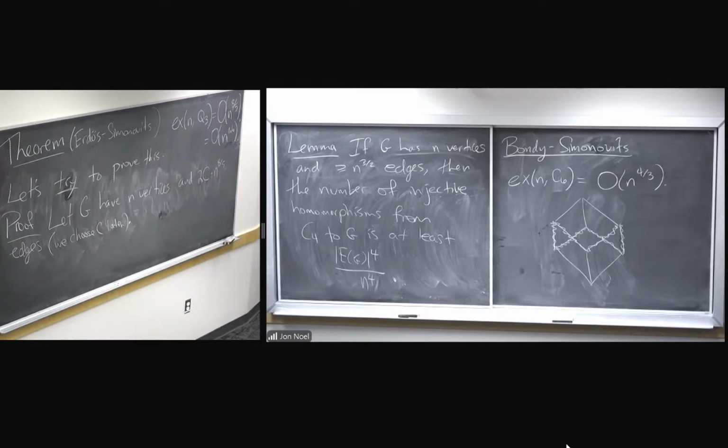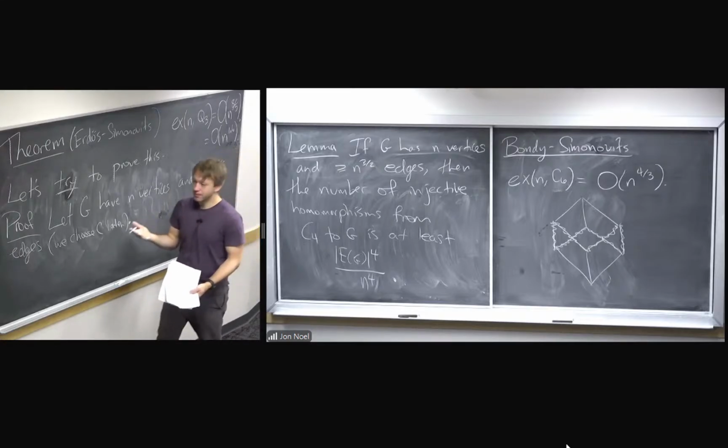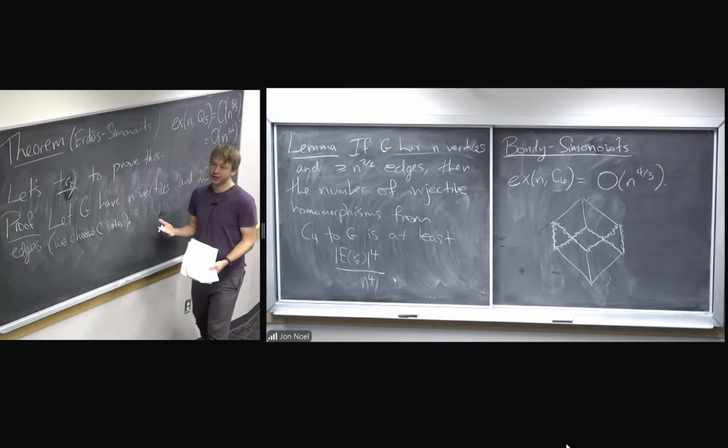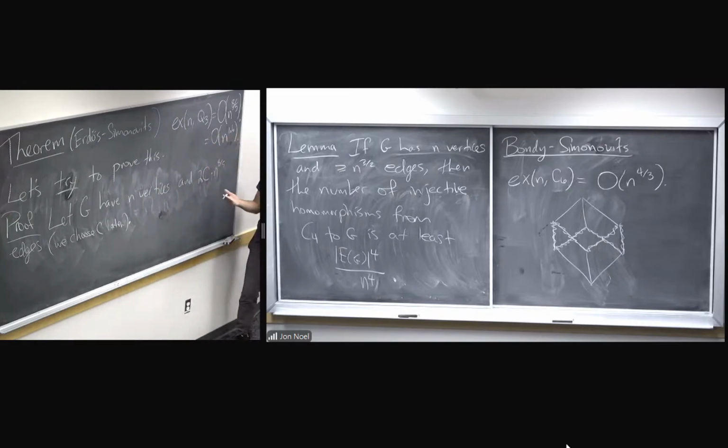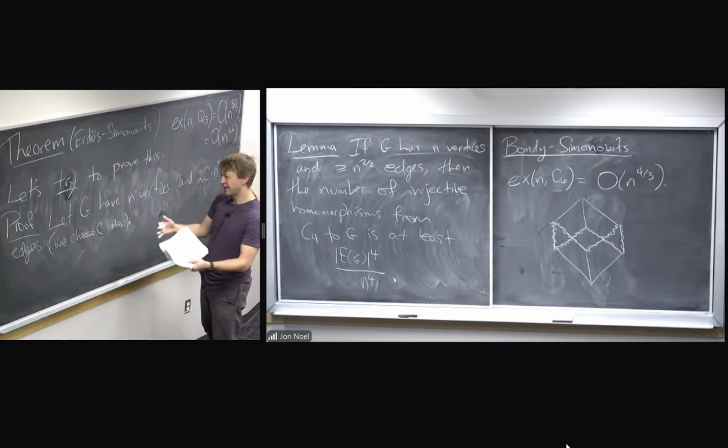As a first step, there's no harm in doing something we've done before, which is take G and drop down to a bipartite subgraph with at least half the edges. G could have been bipartite to begin with, so you may as well drop to a bipartite subgraph, and it's going to help a little bit.